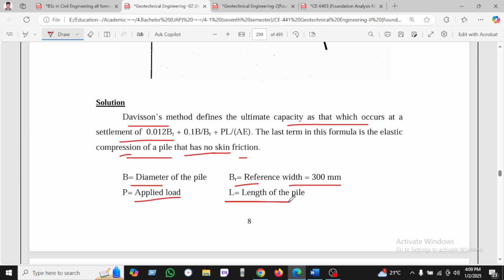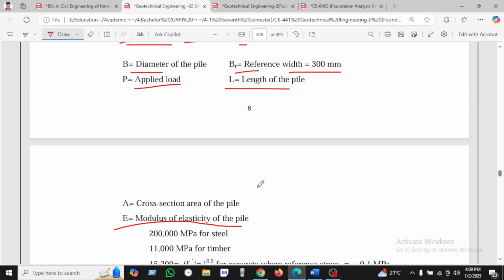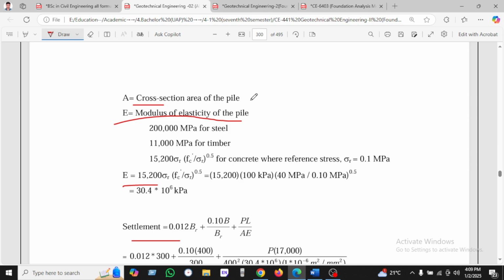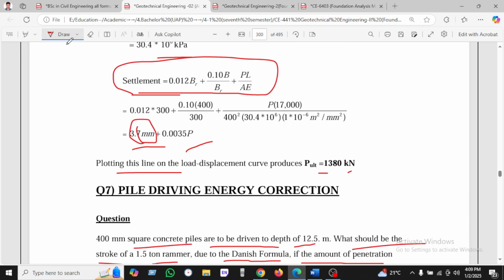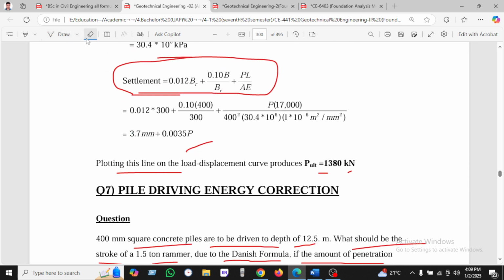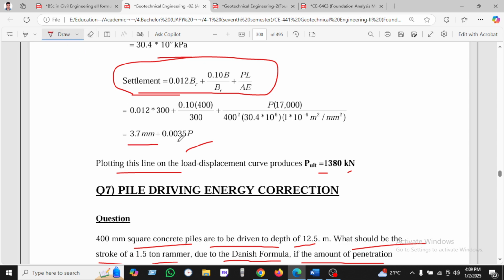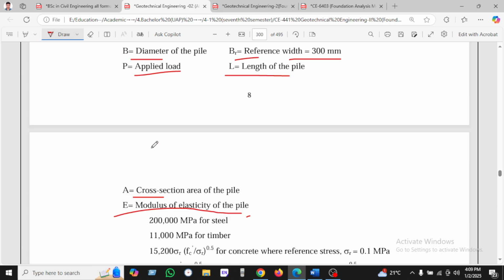P is the applied load, L is the length of the pile, A is the cross sectional area of the pile, and E is the modulus of elasticity of the pile. We have found this here, and using the settlement equation, we found 3.7 millimeter. So this is the settlement, 3.7 millimeter.